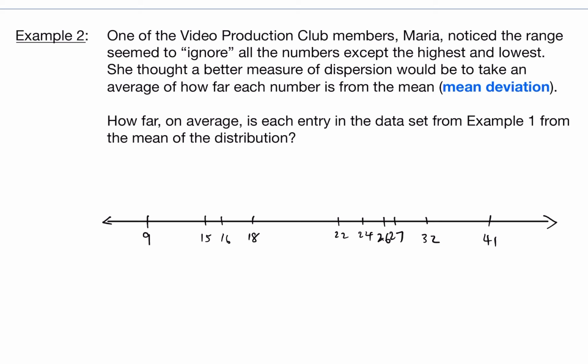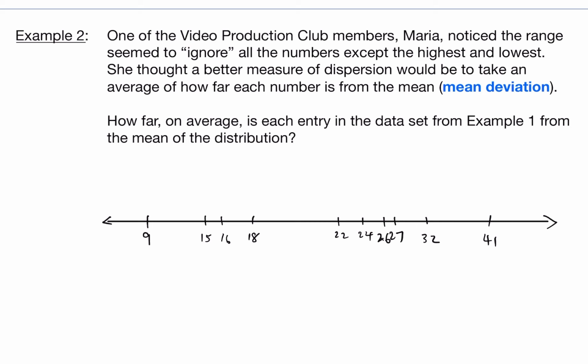She thought a better measure of dispersion would be to take an average of how far each number is from the mean, which is called the mean deviation. The question here is, how far on average is each entry in the data set from example 1 from the mean of the distribution?